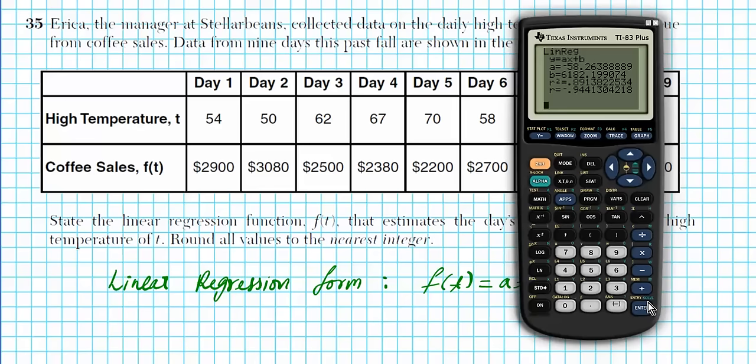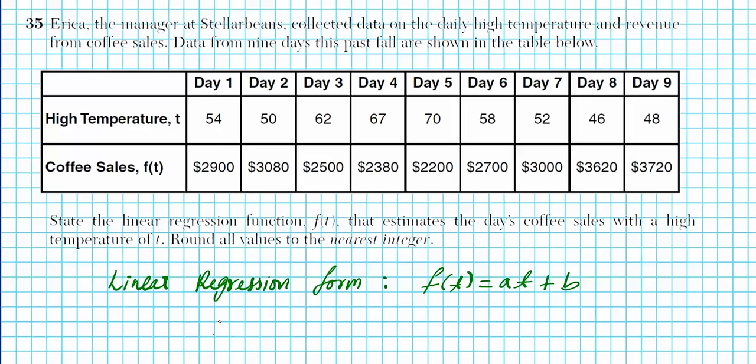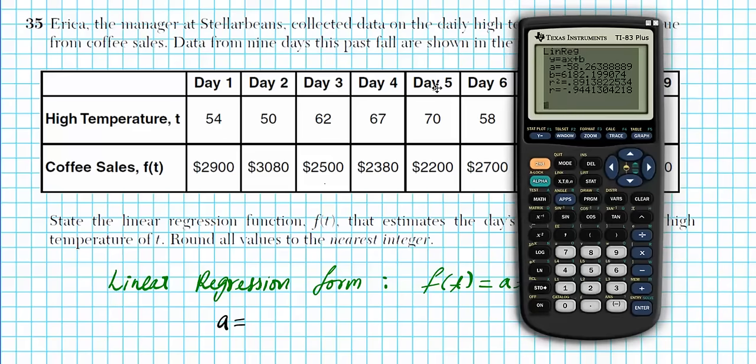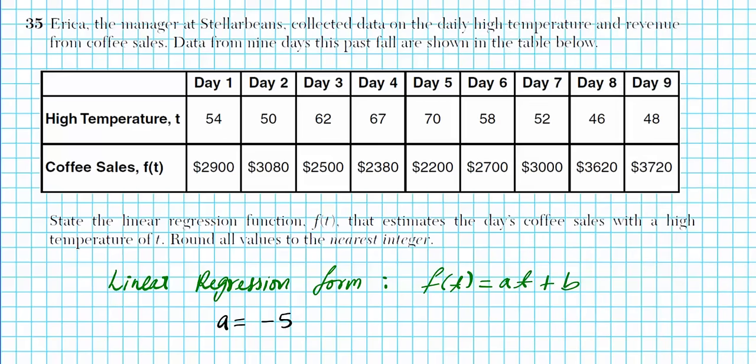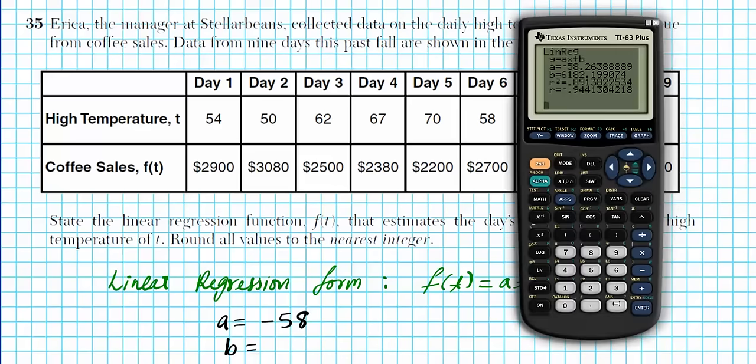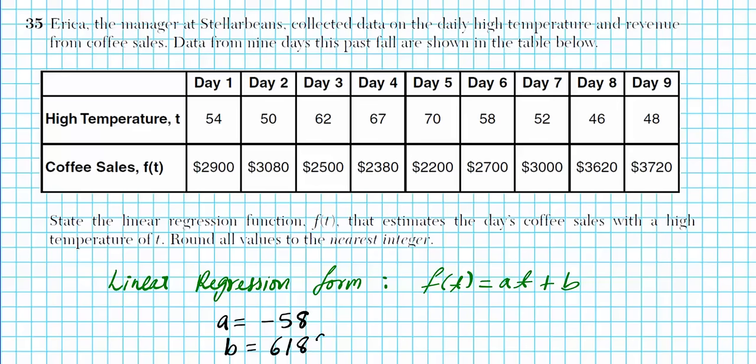Okay, so our linear regression function, we know that a is equal to, what was a? Nearest integer. Okay, so we're rounding to the nearest integer. So it's going to be negative 58 to the nearest integer, and b to the nearest integer is going to be 6,182.